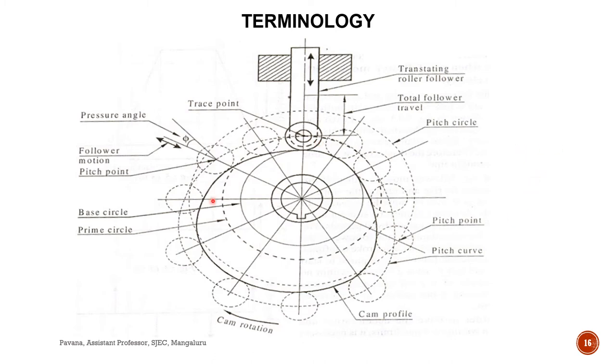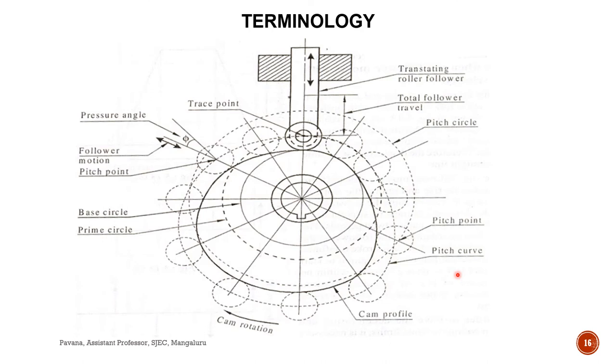Next one, the pitch curve. As I already said, the pitch curve is the curve drawn by the trace point. If you go on joining the trace points, you will get a curve, not a circle; that is called the pitch curve. If we hold the cam fixed and rotate the follower in the direction opposite to that of the cam, then the locus of the trace point is known as the pitch curve.